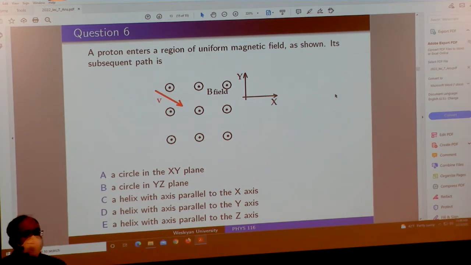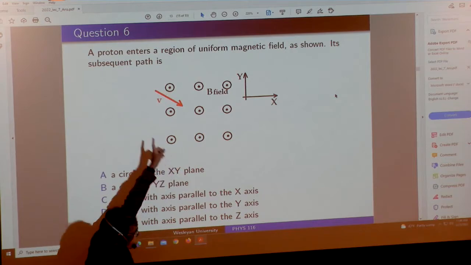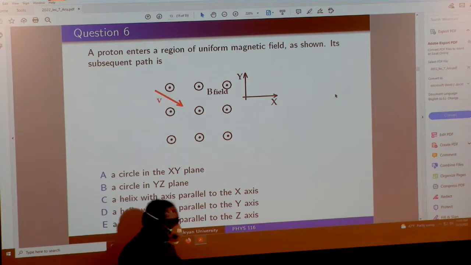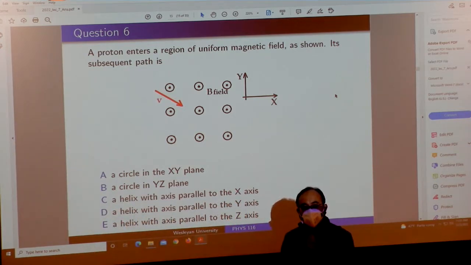All right, fairly unanimous for A. Angelica, want to give it a shot? Just give it a shot. Sure, no pressure. So v is perpendicular to B. Yes, that's a crucial point. So there's not going to be any helixing because there's no component that's not perpendicular.